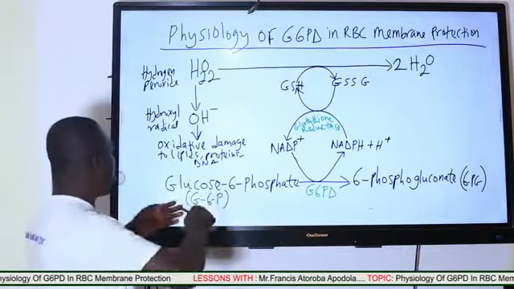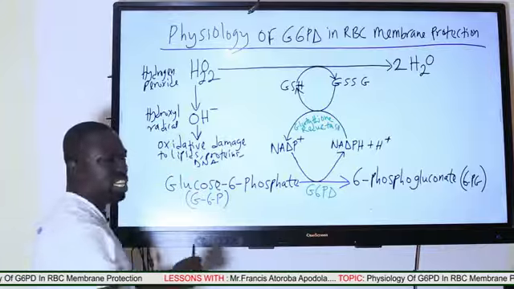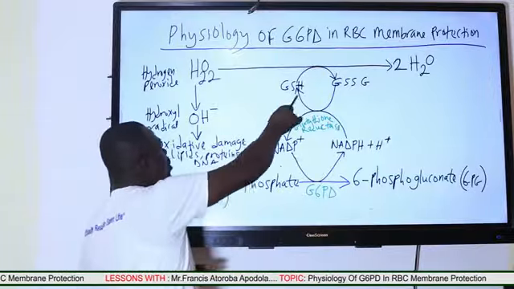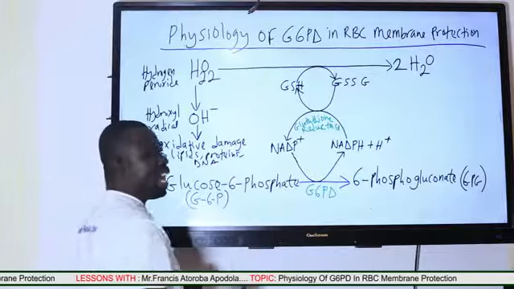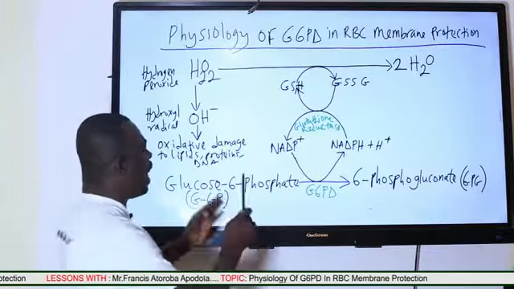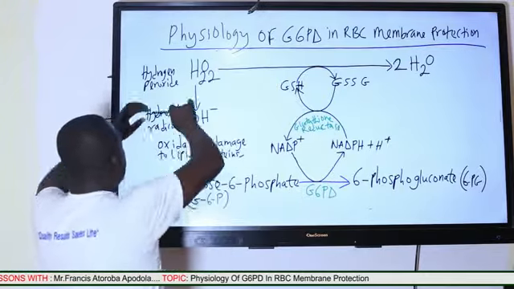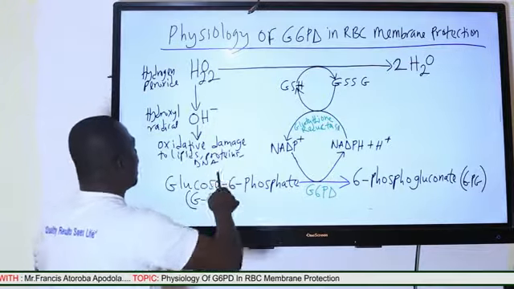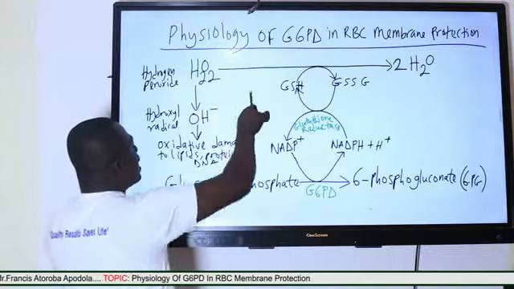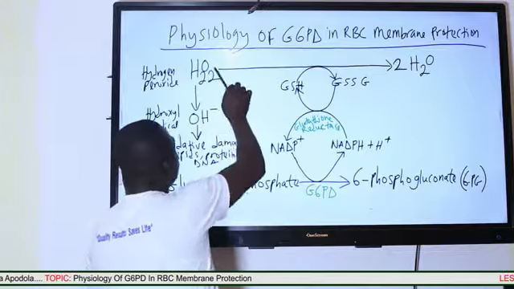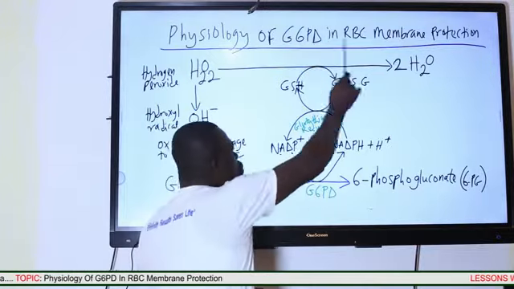To protect these cells from becoming damaged through oxidative processes, the reduced glutathione being formed under the influence of the enzyme G6PD now acts on these oxidants or free radicals, specifically converting hydrogen peroxide to water.